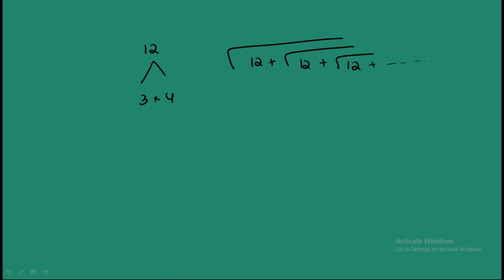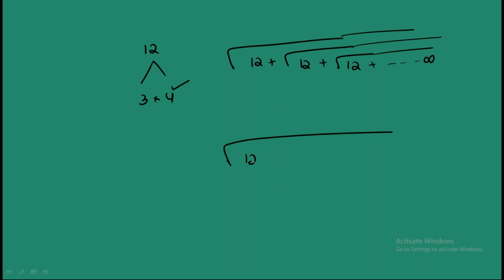Fine. See, the shortcut is 12 can be written as 3 into 4. Internally, if all are positive terms up to infinite, your answer should be 4.